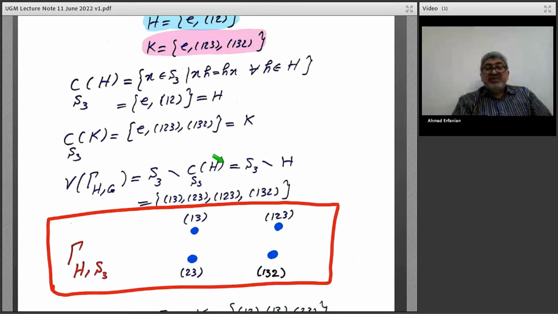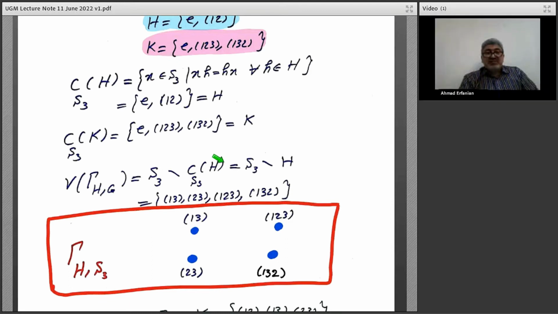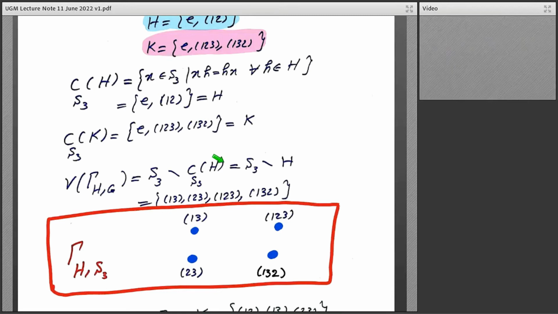So the vertex set for the relative non-commuting graph of H in S3 is S3 minus the centralizer of H in S3.